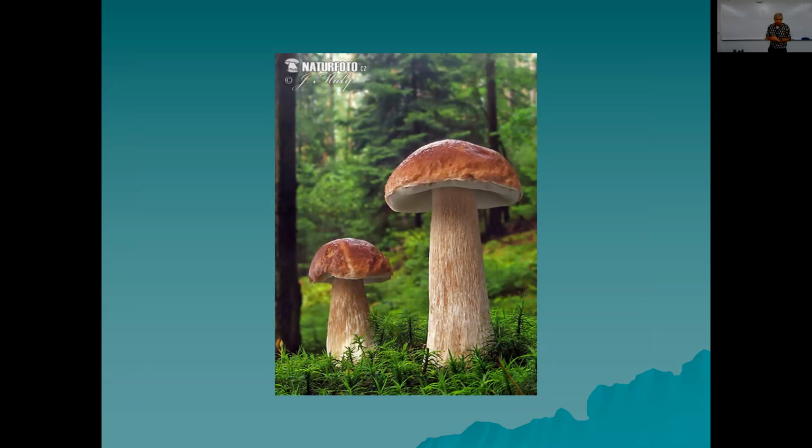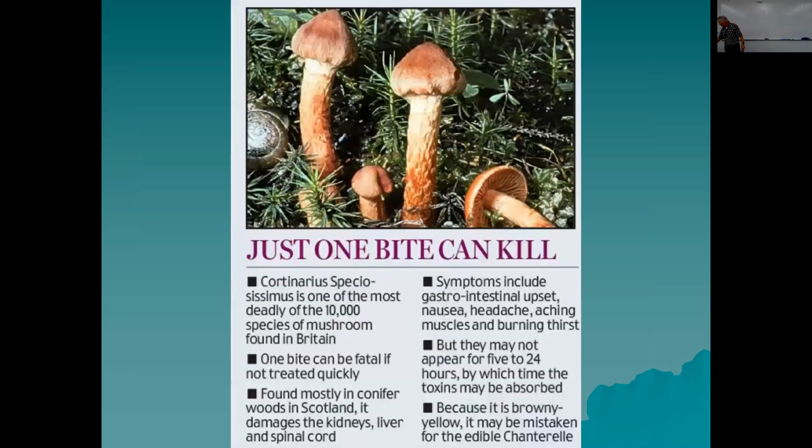This guy who wrote The Horse Whisperer, he ate the wrong kind of mushrooms. He thought he was eating this kind of mushroom right here called Boletus edulis. It's a choice, really good mushroom, but instead he ate Cortinarius speciosissimus, which is also called the angel of death mushroom.